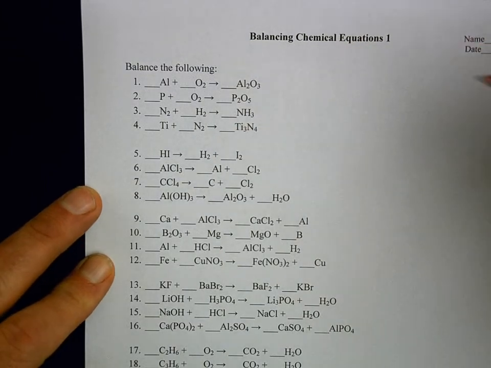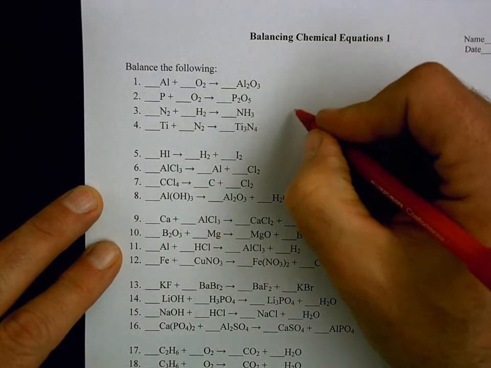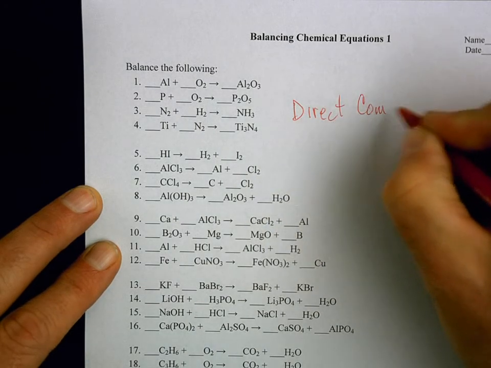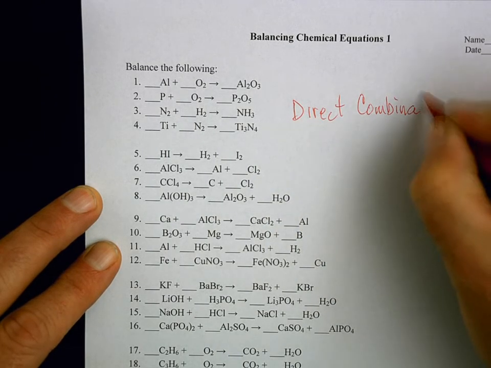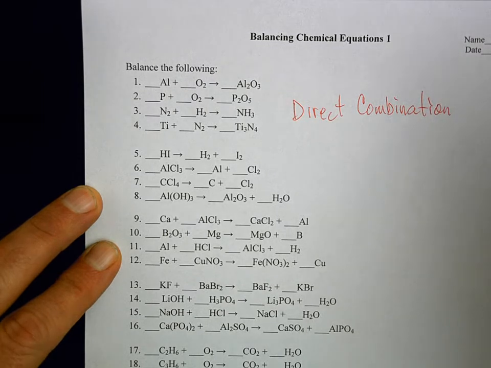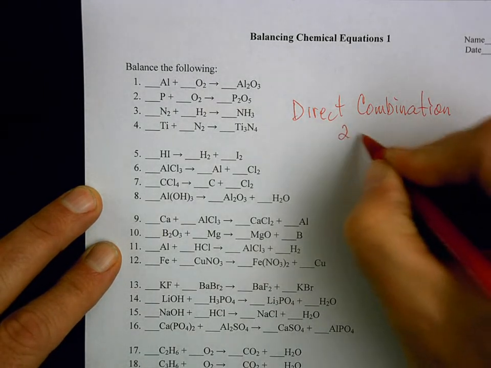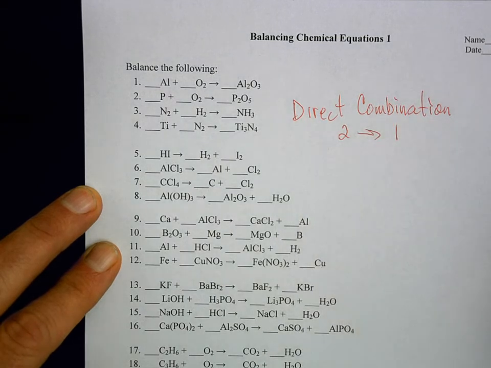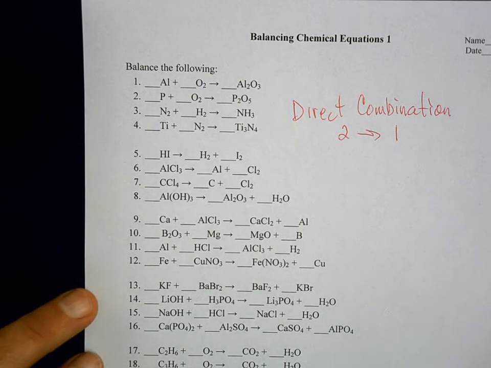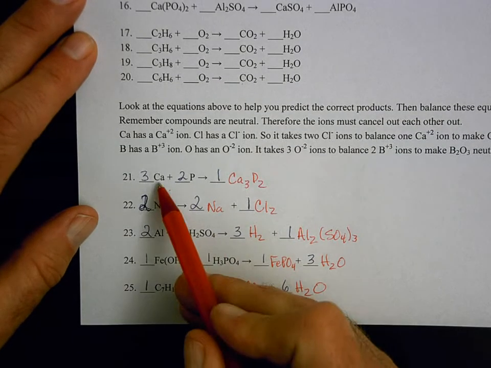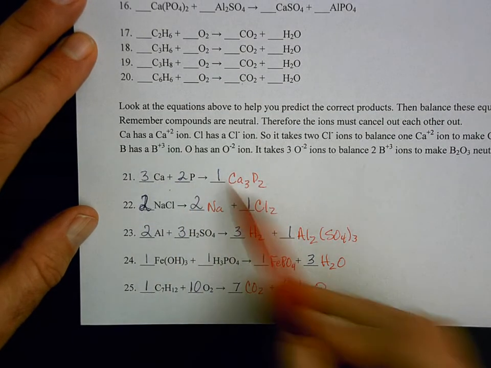This, in fact, has a name that goes with it. It's called direct combination. And basically, for most of our examples, we're going to be looking at 2 things get combined into one. And so, if I look at number 21, I see that I have 2 things that get combined into one.